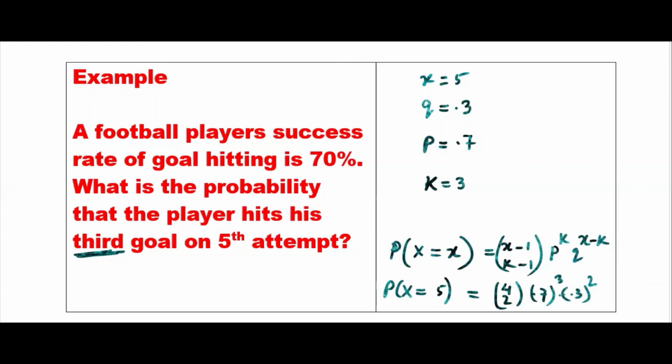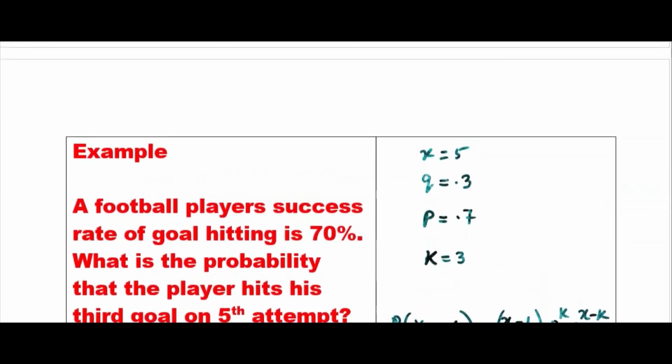When you talk about appearing for an exam, we are talking about getting a success, that is one success. Here we got 3 successes.